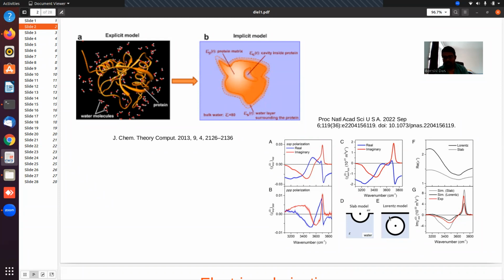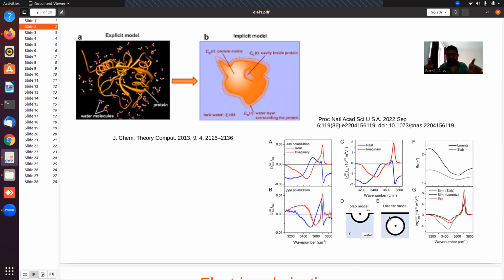Okay, so right now you are focusing on how to calculate this dielectric constant value at the interface. Yes, the basic question is what is the local induced electric field.